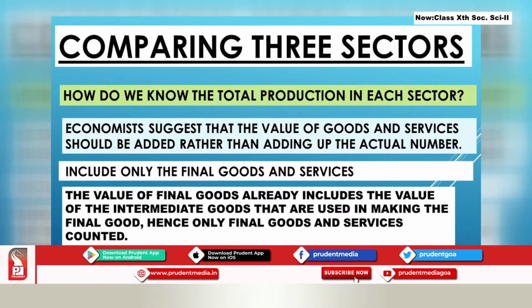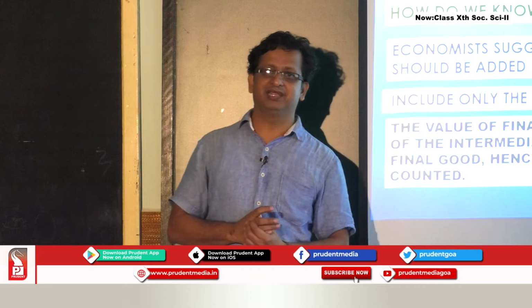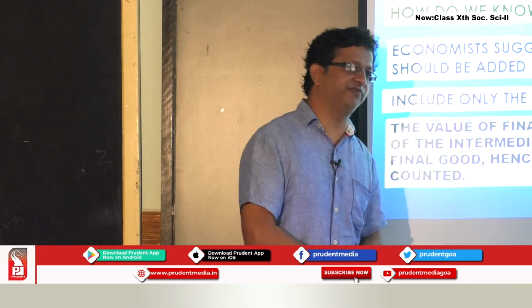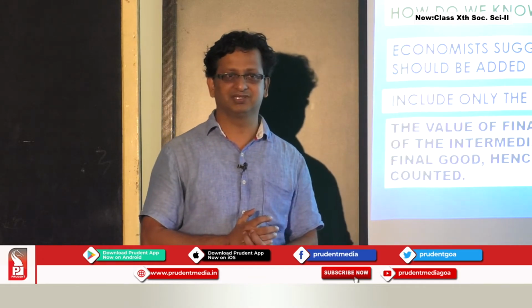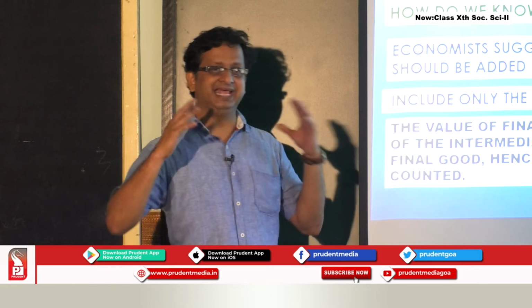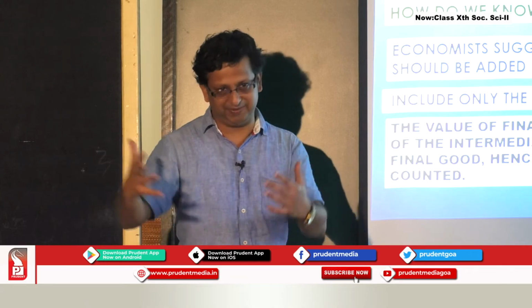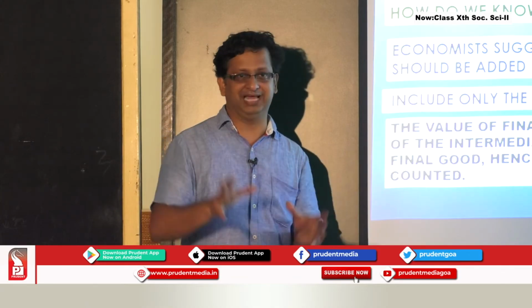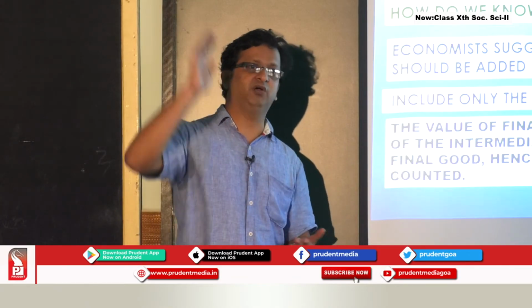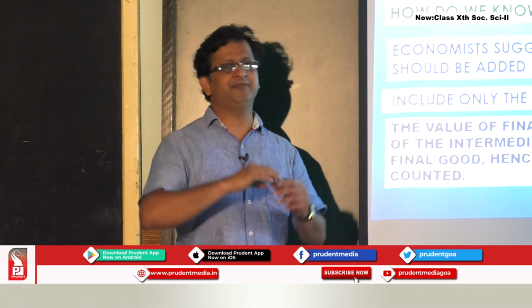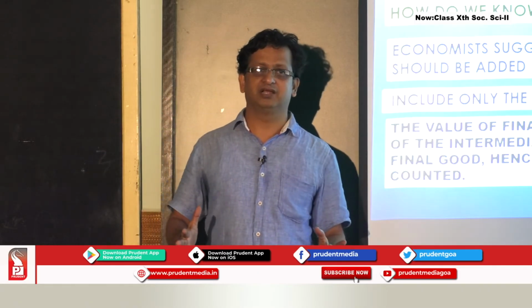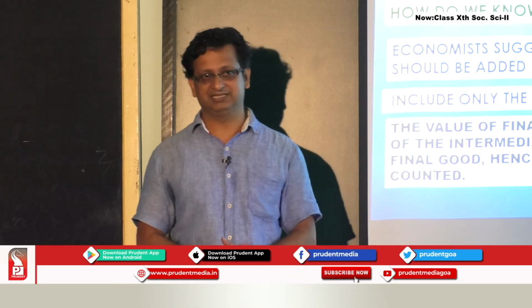The economists suggest that the value of the goods and services should be added rather than adding up the actual number. For example, if 10,000 kgs of wheat is produced, it will make sense to multiply it by its price and take the value rather than just adding up the quantity, because wheat may have different qualities.